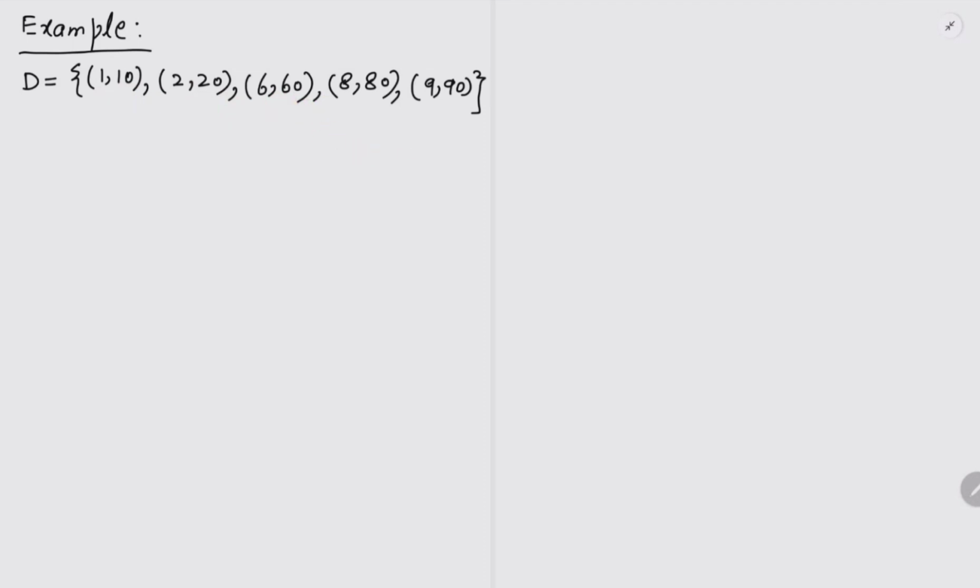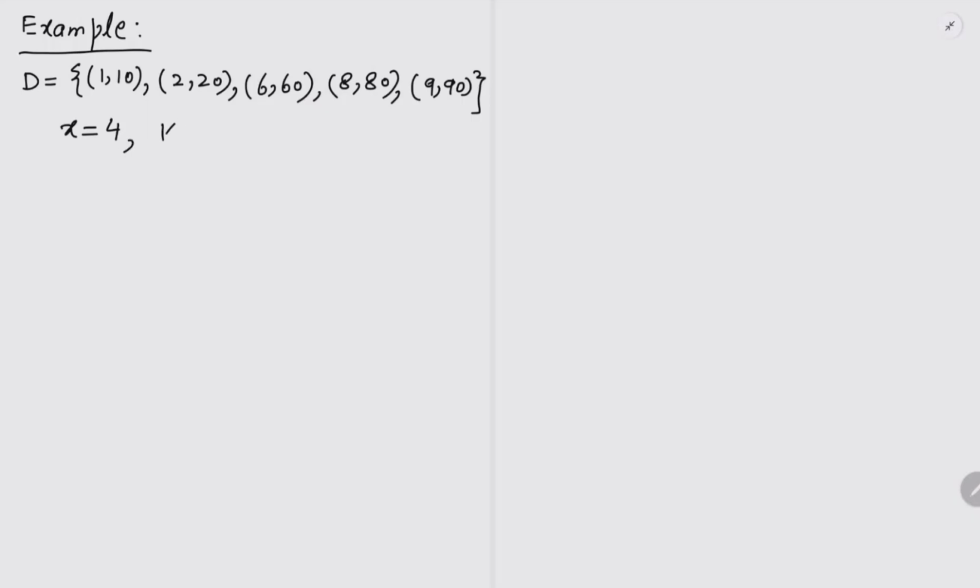So if you want to find some value from the data set, suppose we want to find x equal to 4. That is our question.